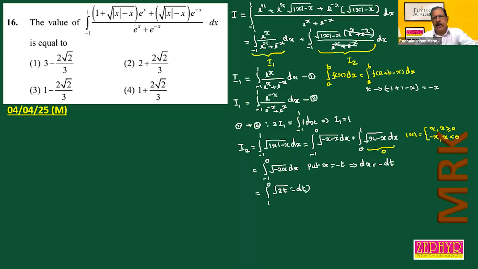You can interchange the limit. So it will be integral 0 to 1 root 2 into root t dt.